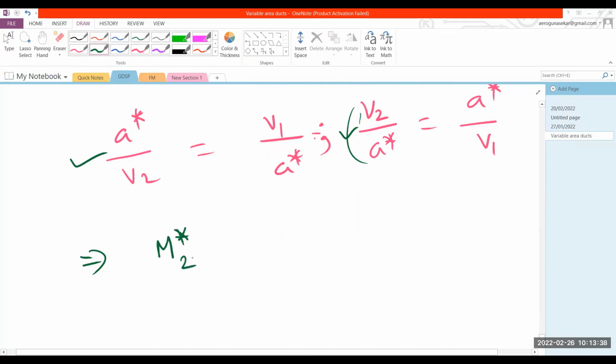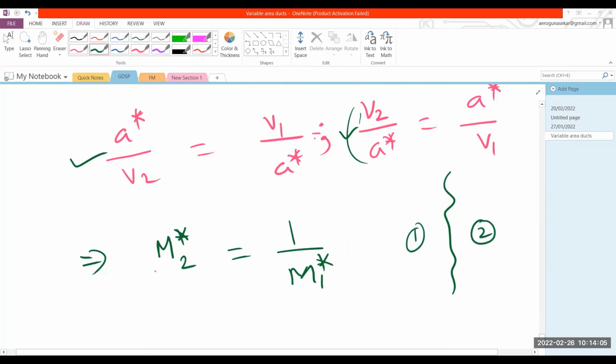So M2 star equals this, and similarly V1 by A star is 1 by M1 star. This is one of the important things: the characteristics Mach number after the shock wave. If you consider the normal shock wave, this is 1 and this is 2.